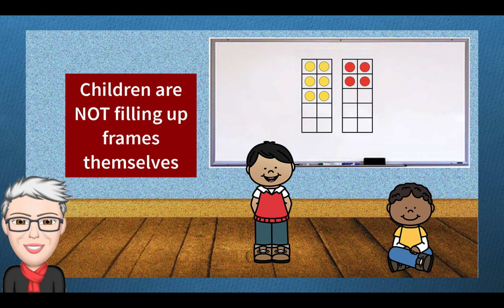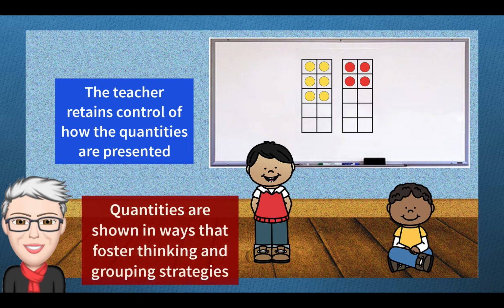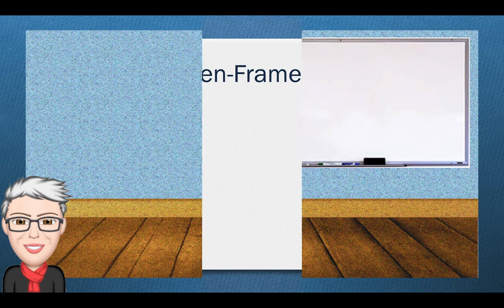In this way, the teacher retains control of how the quantities in the frames are presented to the children. As you're going to see when we describe the double 10 frame flashing activity, the ways we show quantities in the frames are deliberately chosen to advance our purposes of fostering thinking and grouping strategies and number facts to 20 through number relationships.